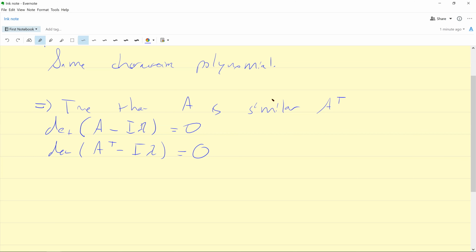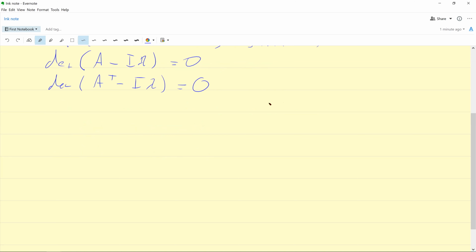Okay, continuing on from that, let's see. Now we're going to look at A transpose A versus A A transpose, right? If A is m by n, what's the dimension of each of these?